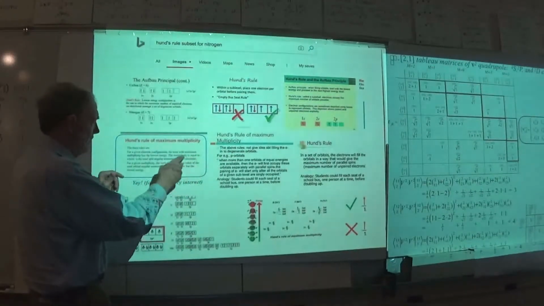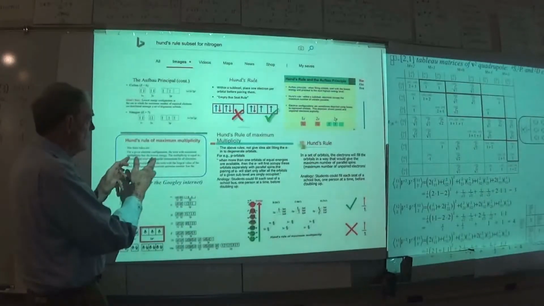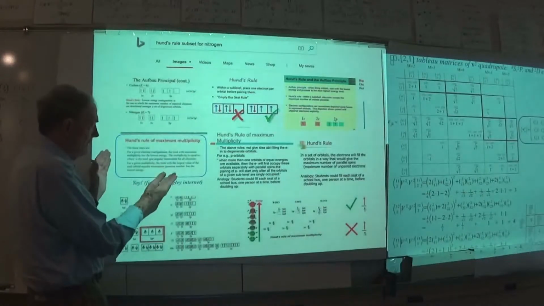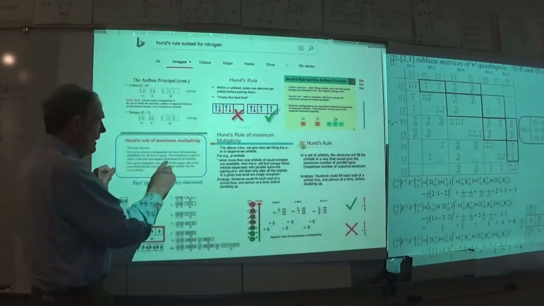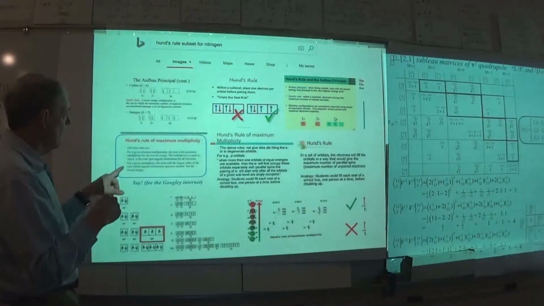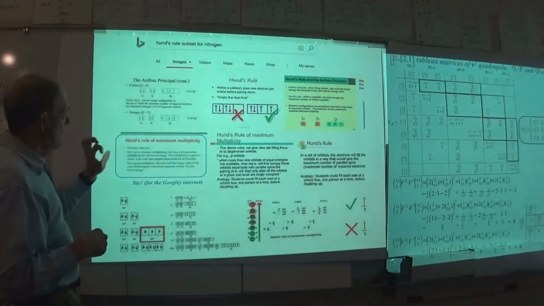Well, I think that's something. Basically, the idea is a multiplicity is 2S plus 1, and S is the total spin angular momentum of the electrons. So that's Hund's rule number 1.